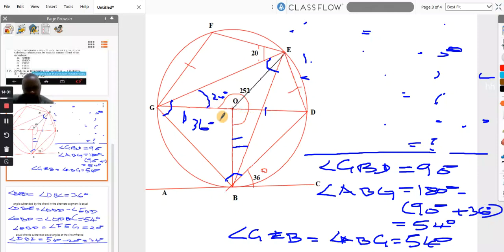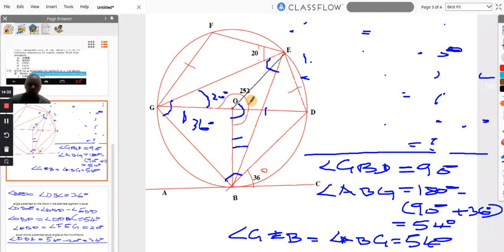Now, if you look at this chord BE, it is subtending an angle at the center. So you need to add this line. I've added this line OE. So you see, this chord is subtending an angle at the center and also an angle at the circumference. And you know that the angle at the center is twice the angle at the circumference. So if here is 56, then this angle EOB will be equal to 56 times 2.